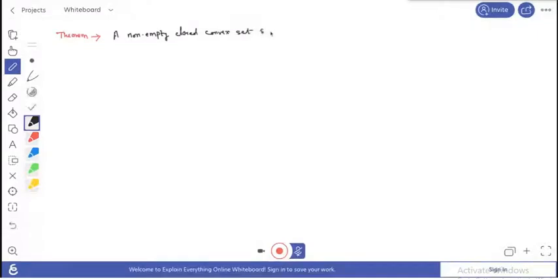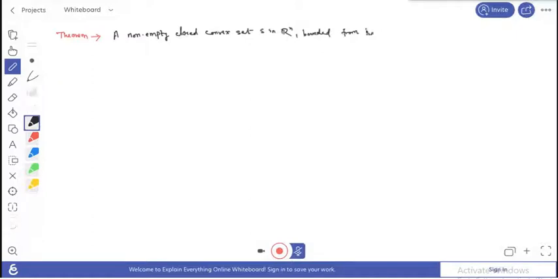Suppose S, which belongs to Rn, is bounded from below, or from above, one side bounded. Basically, the non-empty closed convex set S in Rn is bounded.